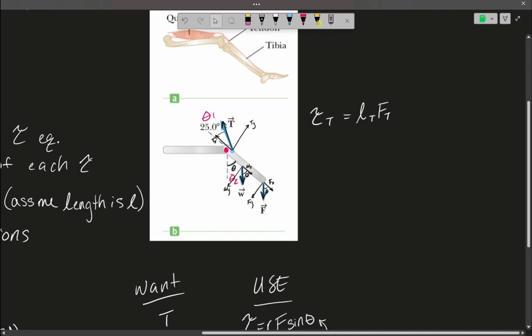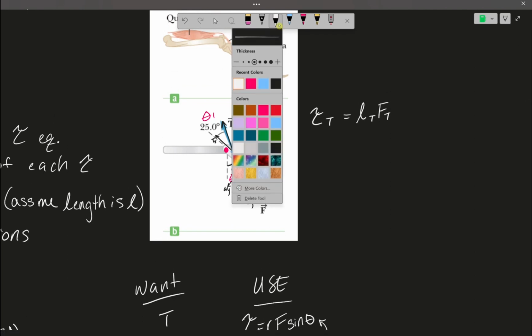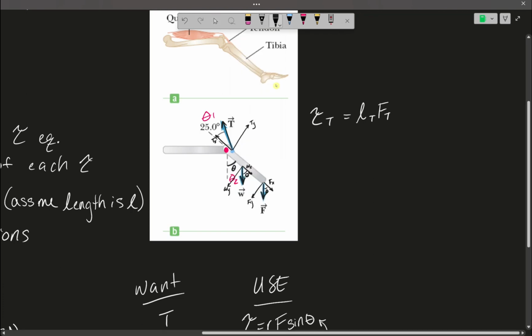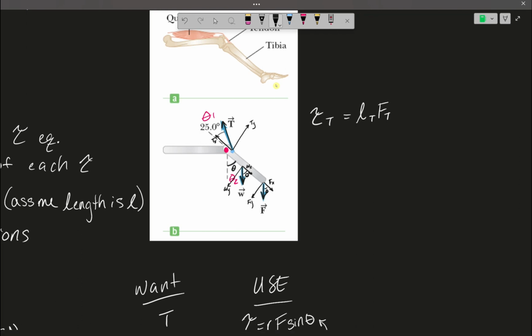So for the torque due to my tendon, I'm going to want to consider, in order to get the perpendicular component of this force of tension, right? In order to get my y component here, I need to figure out if this is going to be a sine or a cosine.